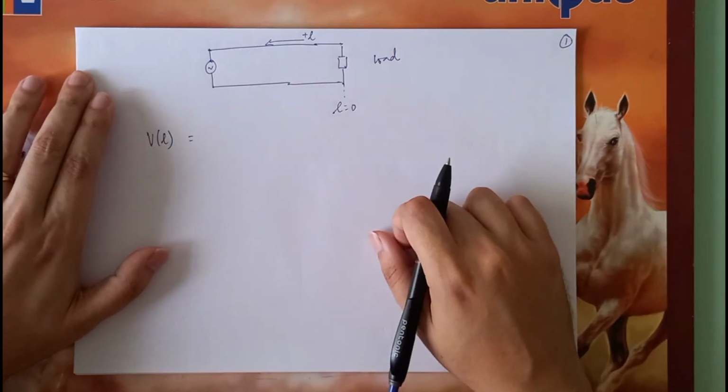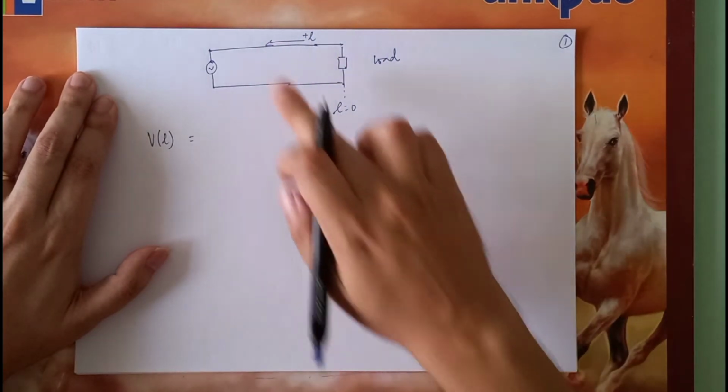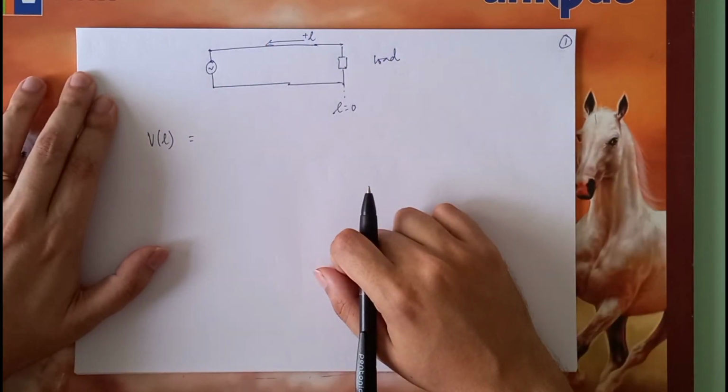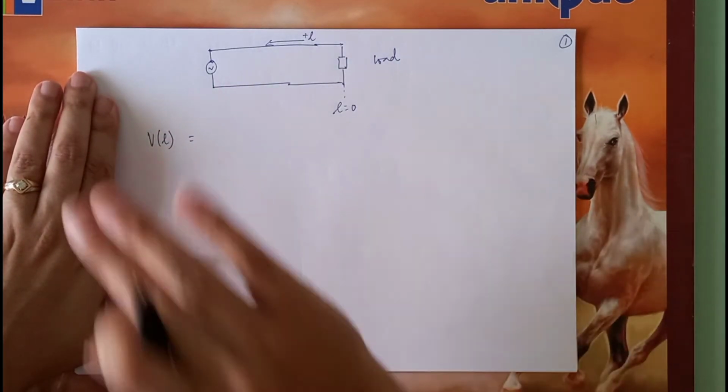What is most important to note is that the voltage and current are not just functions of time, but they are functions of position also. However, for the time being, we are not that bothered with the time aspect.